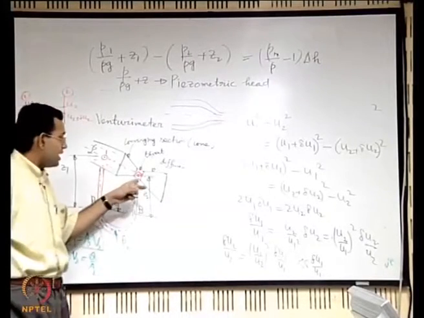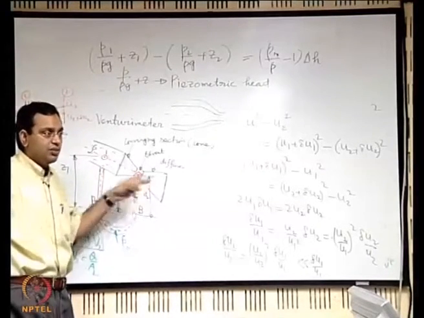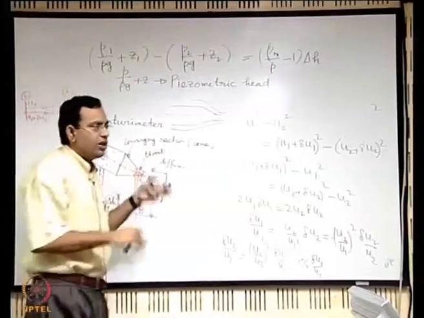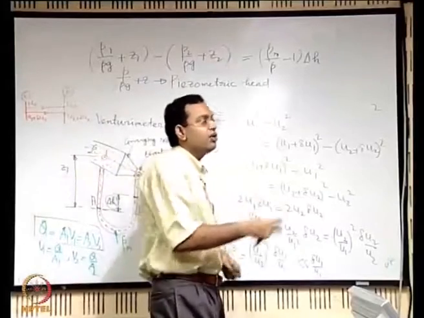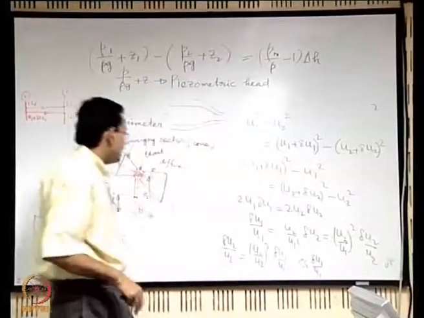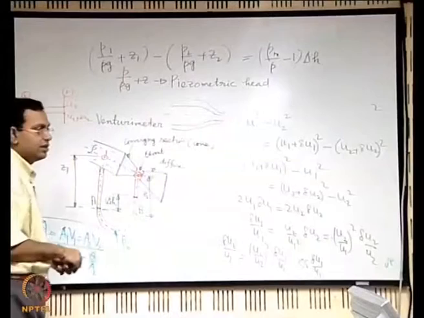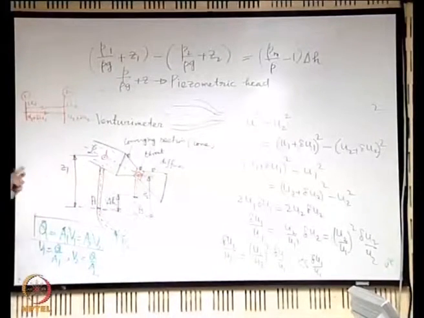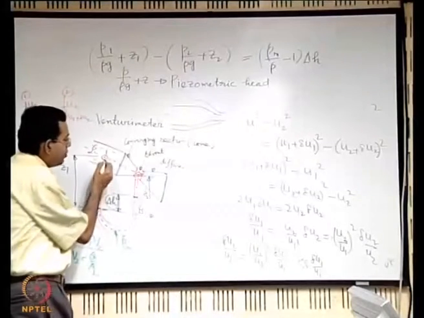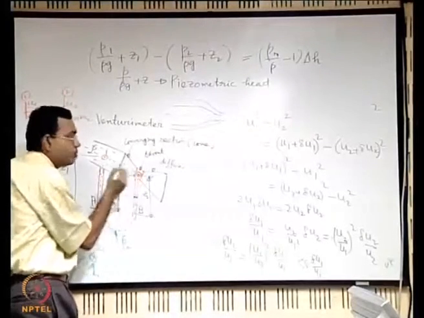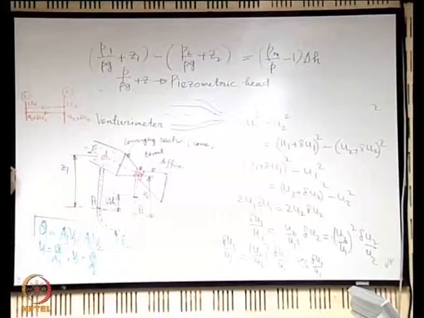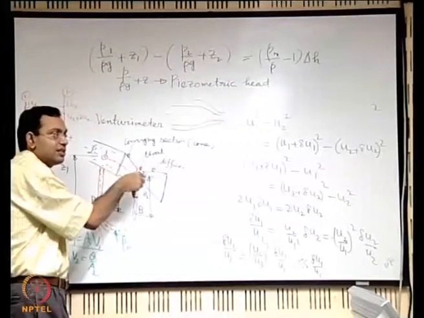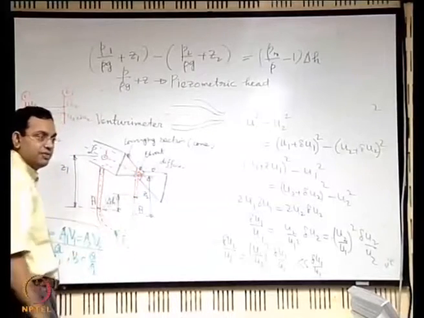So having a section 2 like this, a convergent section, is not bad; it eliminates one non-ideality. The other non-ideality, friction, may be reduced to some extent by minimizing the length travelled between 1 and 2, because the frictional resistance is related to how much length the fluid has travelled against the viscous effects.